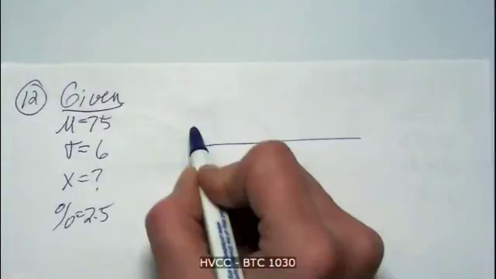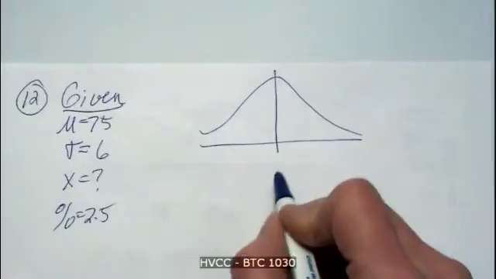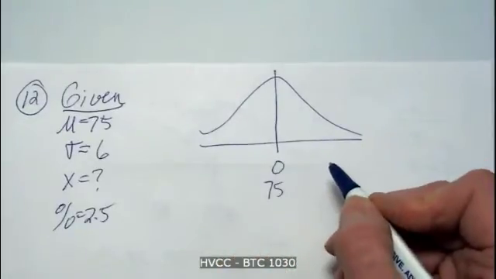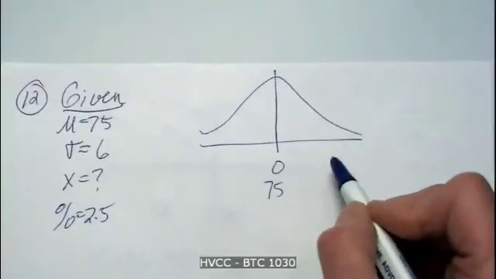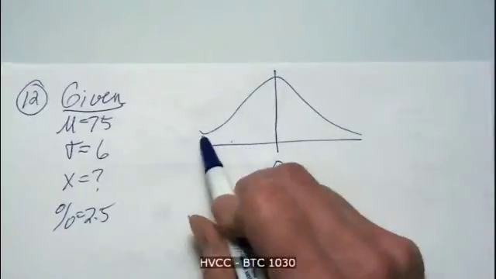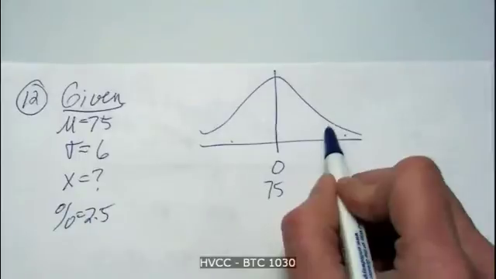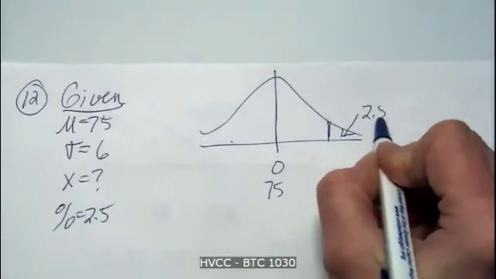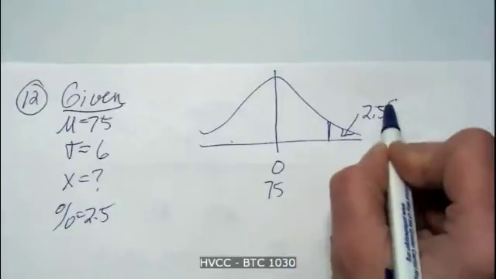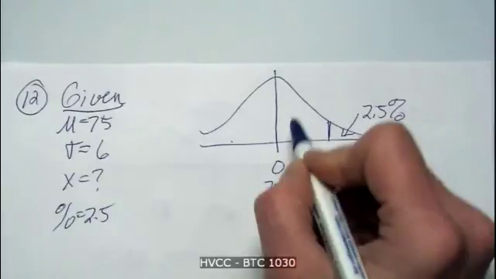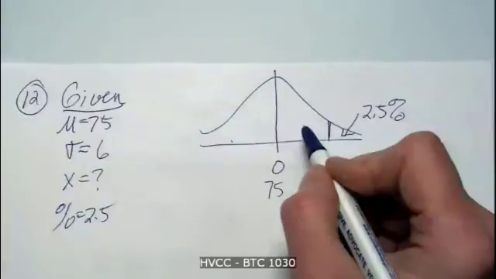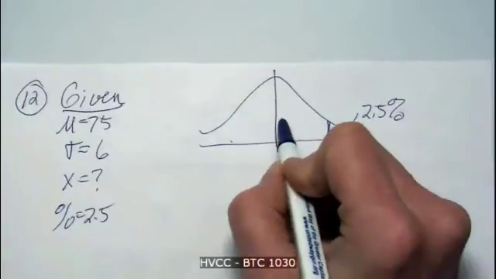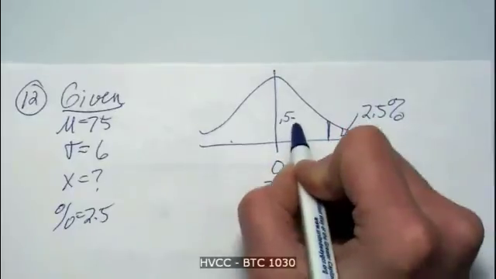Let's look at the curve. And this is a little tricky. I said how many seconds go by before 2.5 have not. So is your 2.5 here or 2.5 here? It's 2.5 right there, because this is the percent that have not. So therefore, I have to subtract it from 0.5.